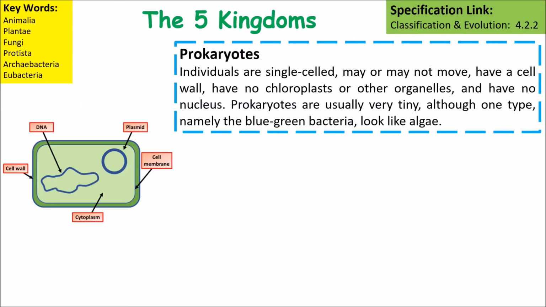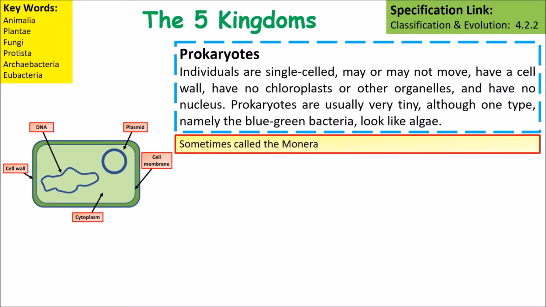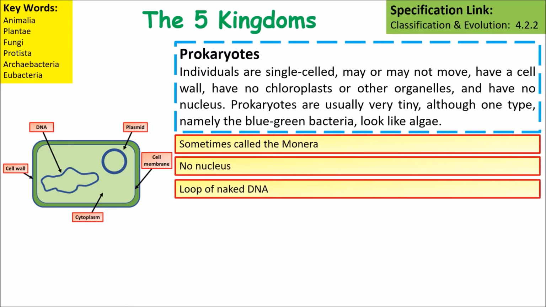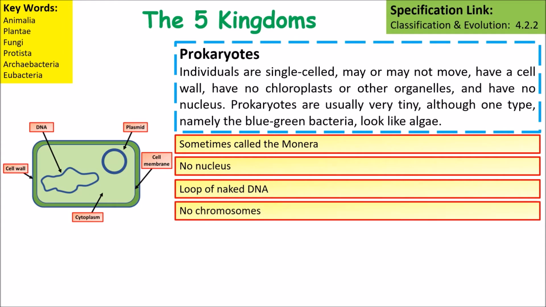Prokaryotes are single-celled. They can move sometimes, or they might be stationary. They've got no chloroplasts or other organelles. Most importantly, they have no nucleus. They've got a loop of naked DNA called a plasmid.